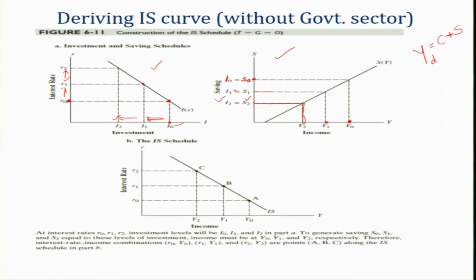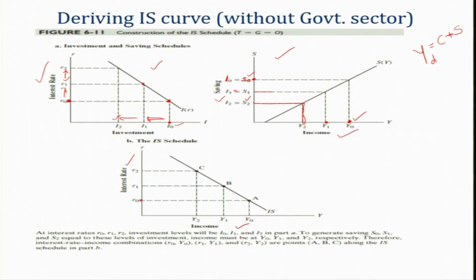Now transforming all these variables: for example, when the rate of interest is R naught, we know that investment is I naught, the corresponding saving is S naught, and the corresponding level of income is Y naught. So transforming this into another diagram, making a relationship between interest rate and income, that is interest rate on the Y axis and income on the X axis.